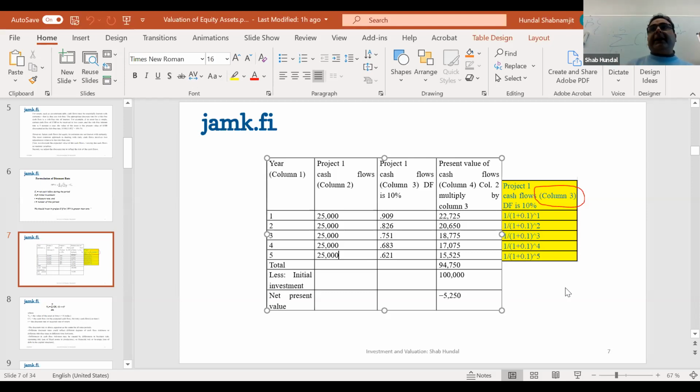So you are making 5 additions. 25 plus 25 plus 25 plus 25 plus 25. How many times? Minimum 1, maximum 5. How much is this? Can you roughly calculate? How much cash flow you get?